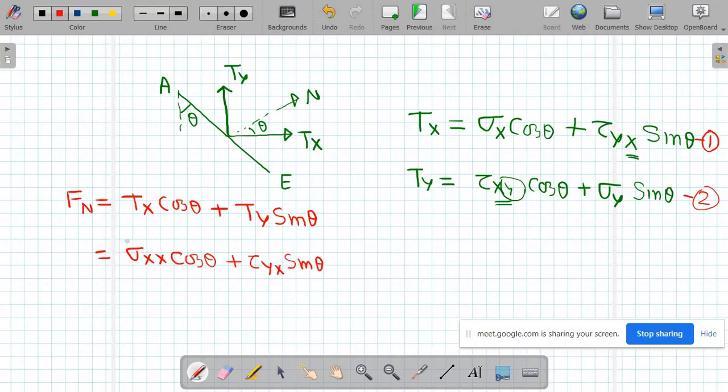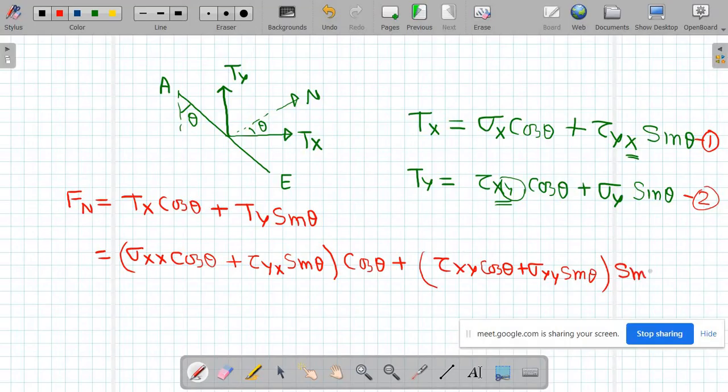So this is Tx multiplied by cos theta plus Ty multiplied by sin theta.